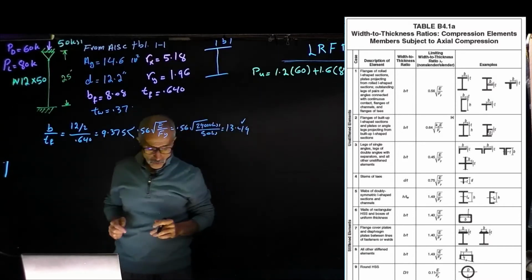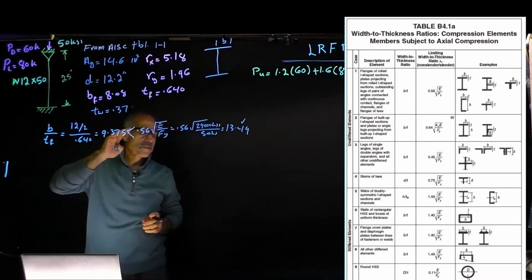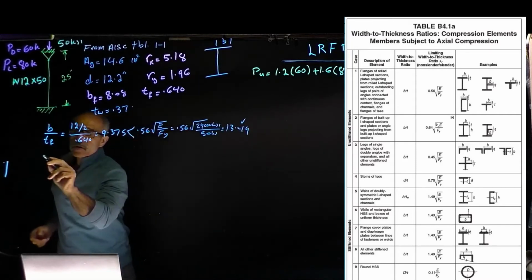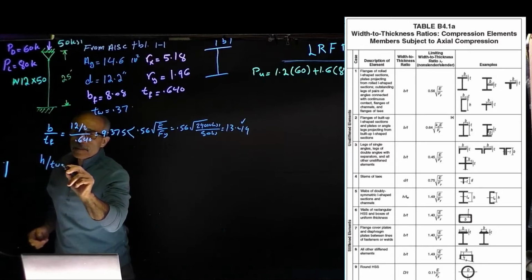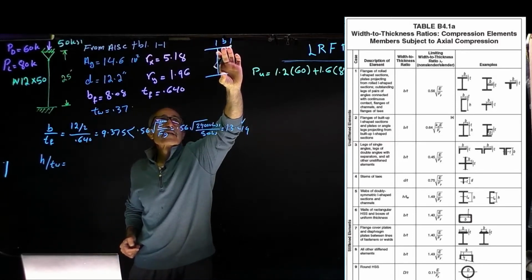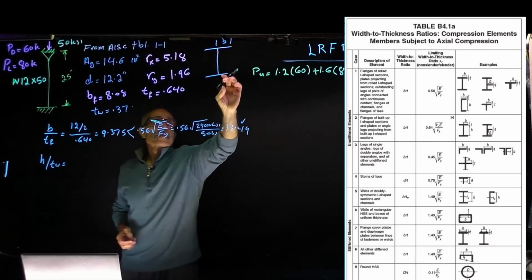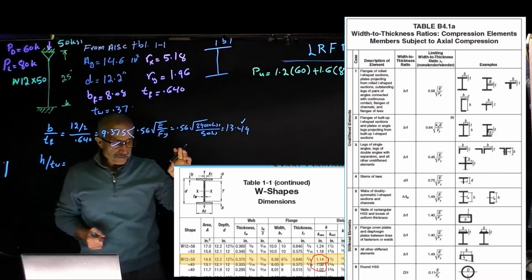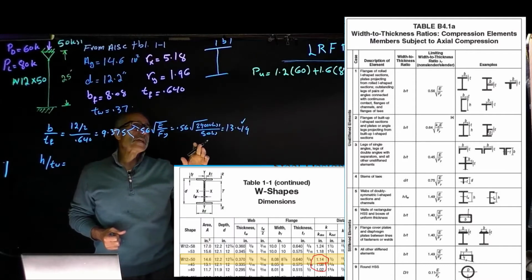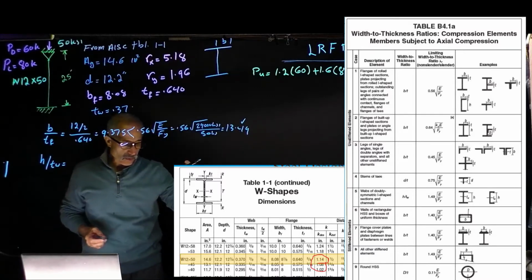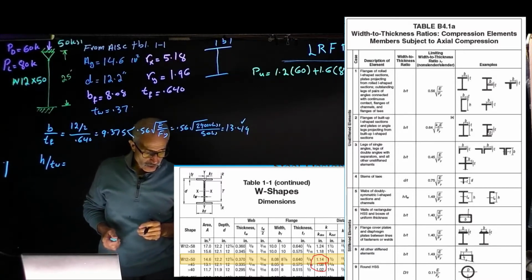Let's go check for the web. For the web, it will be case number 5 on table B4.1a, and we have h divided by tw. Our h basically is from here to there, so you have to take the flange thickness out, and that's called k. If you look at the chart on table 1-1, which I have on the board, our k comes out to 1.14.